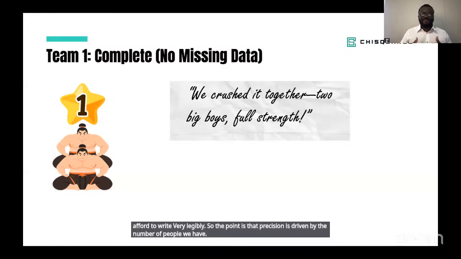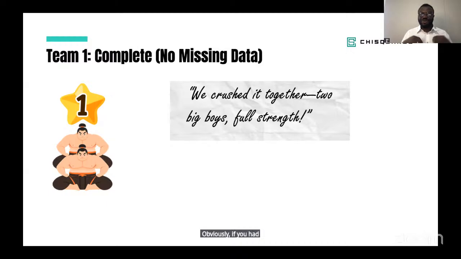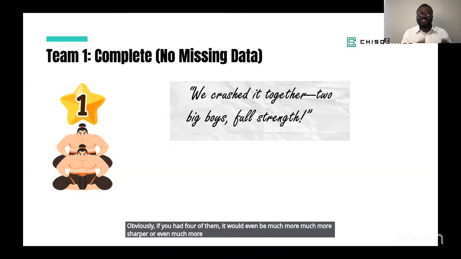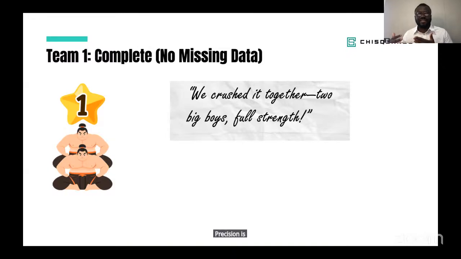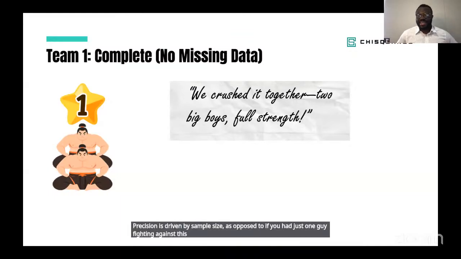Obviously, if you had four of them, it would be even sharper, even more precise, right? Precision is driven by sample size, as opposed to if you had just one guy fighting against these two guys. He might win, but at the end of the day, he might be so weak that the handwriting would be illegible because he has no energy in him.